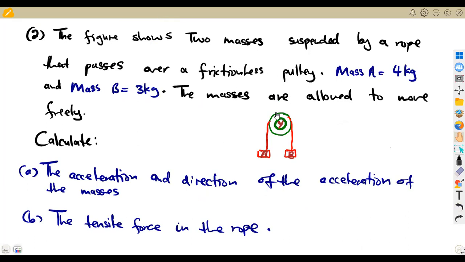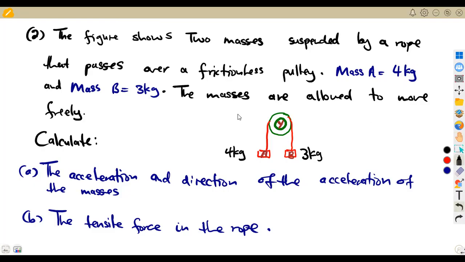So we are not considering friction in this case because it's frictionless. Mass A is 4 kg, and mass B is 3 kg.